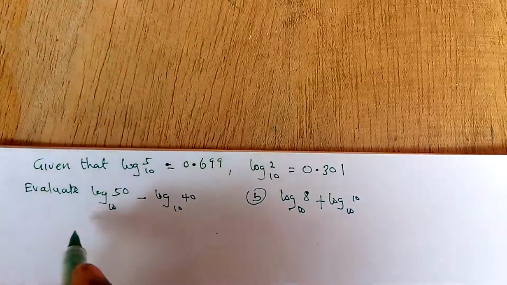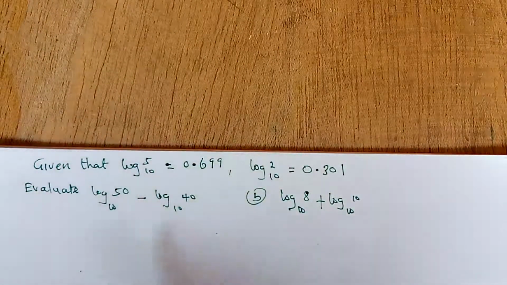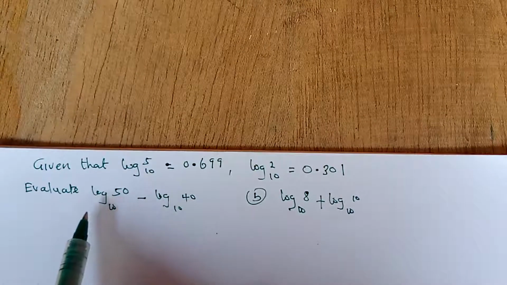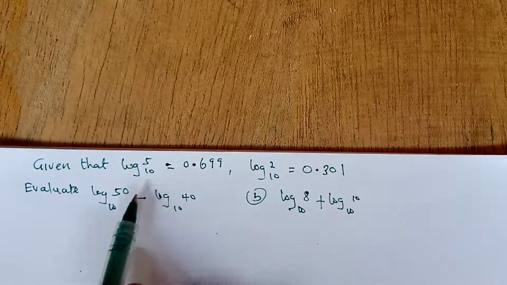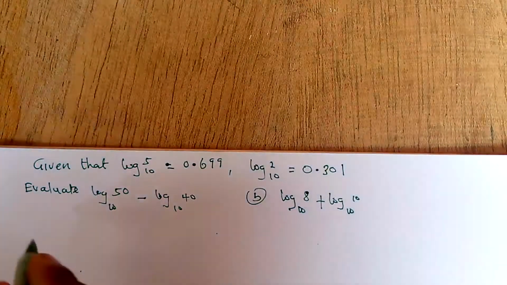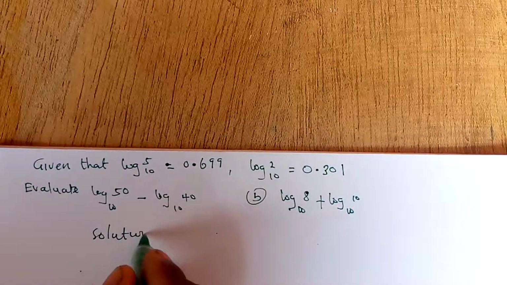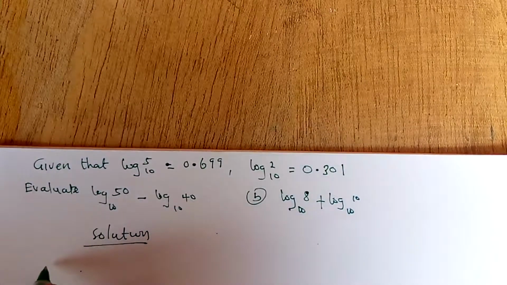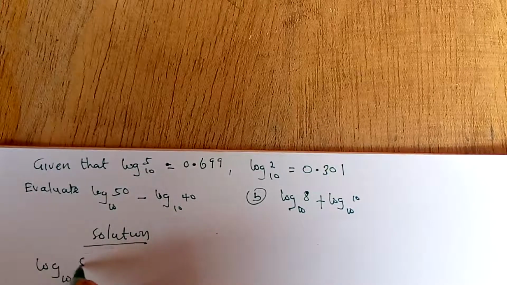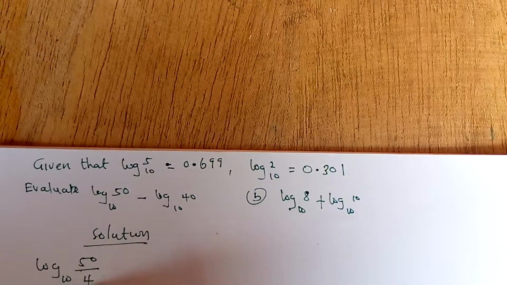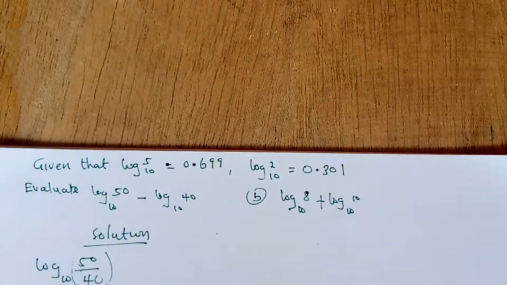What you need to do here is that because they are subtracting, you see this log 50 to the base 10, and there's a minus sign here. So we can say that my log 50 over 40 is the same as the expression here.